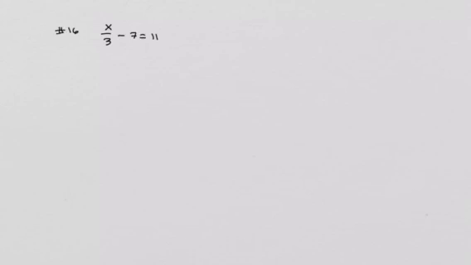So our properties are the addition property. So I'll do this in blue. So addition property. So we'll call that property number 1. And then property number 2 is the subtraction property.